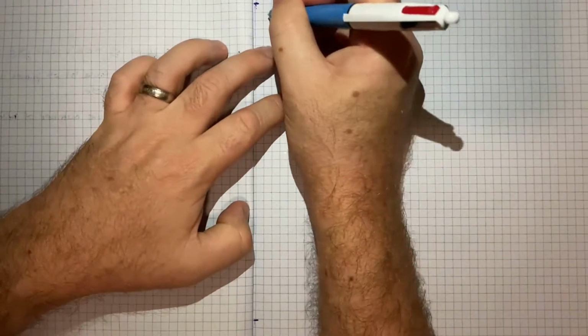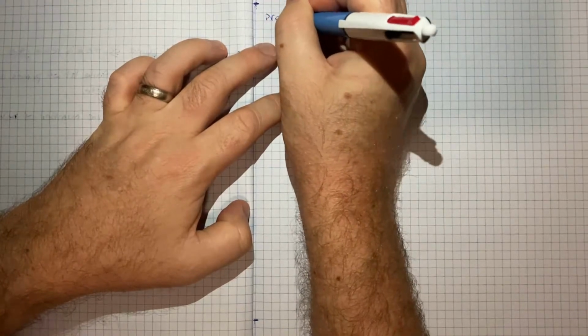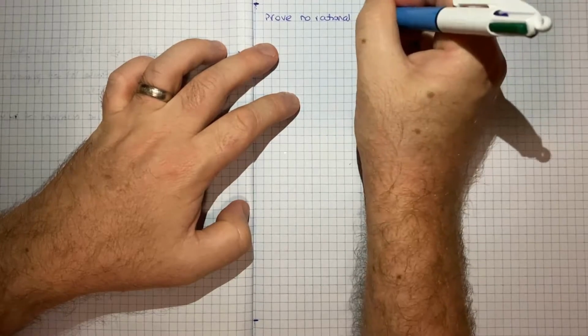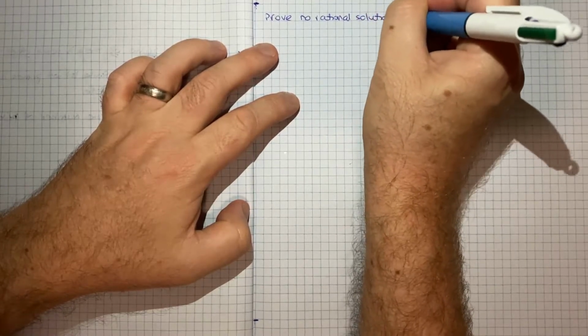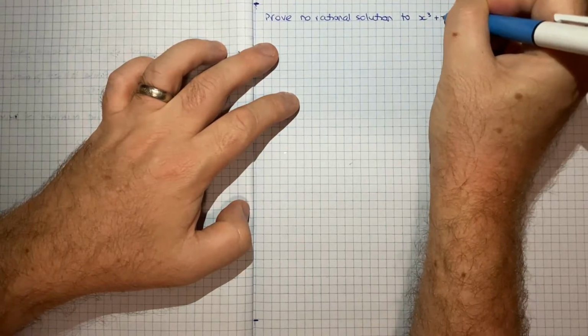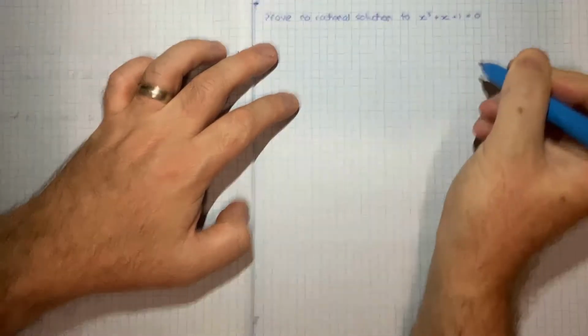So if I just write what we're trying to do: prove no rational solution to x cubed plus x plus 1 equals 0.